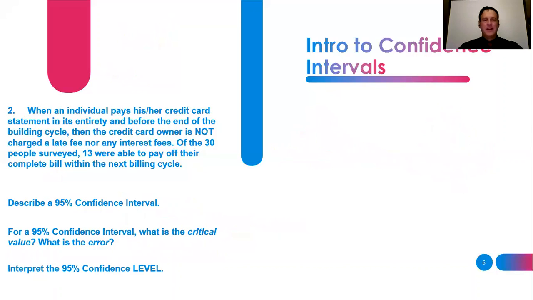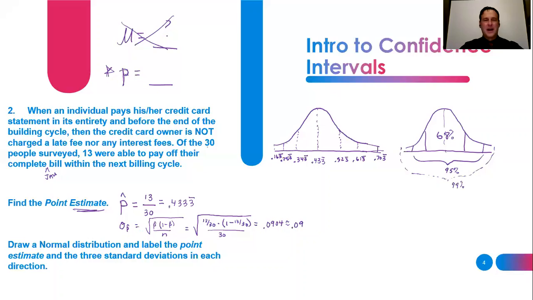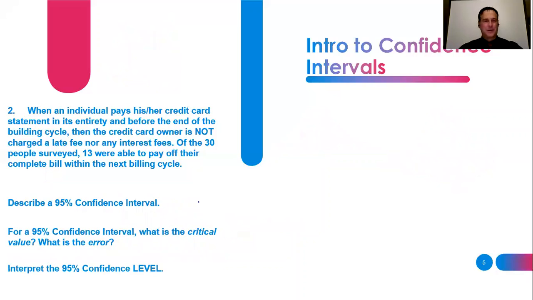So nothing really changed. It says describe a 95% confidence interval. This is the same question. The only thing that happened is that my items disappeared. If I go back to it, it'll still be there. But let's just describe it like we typically do. I'm not going to draw a picture again.